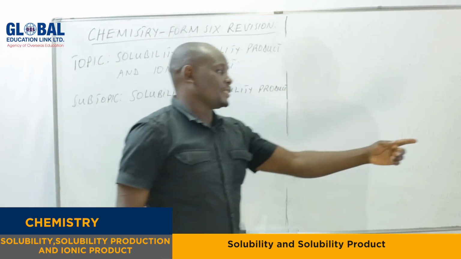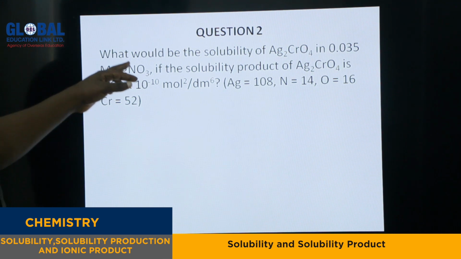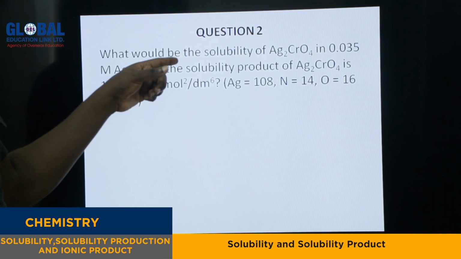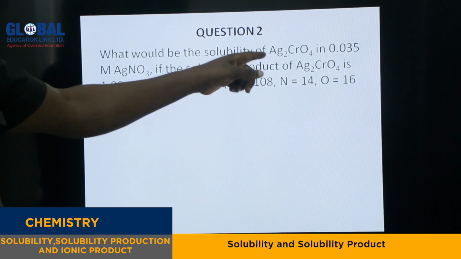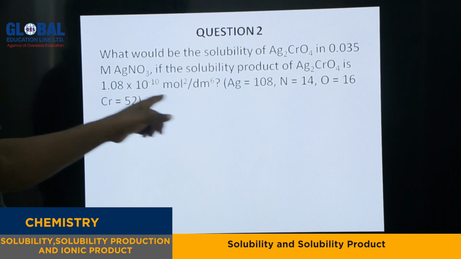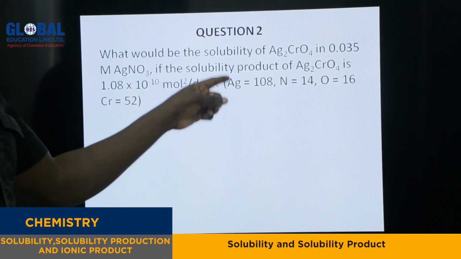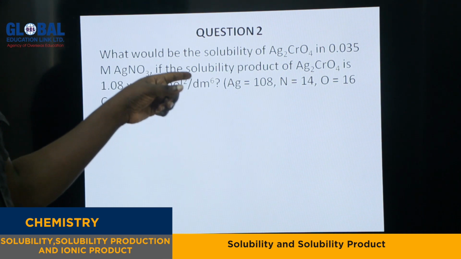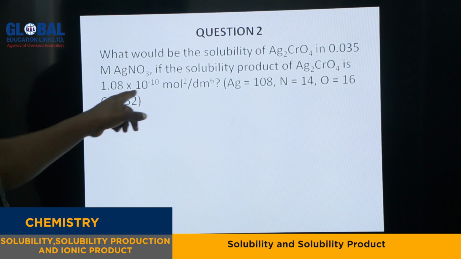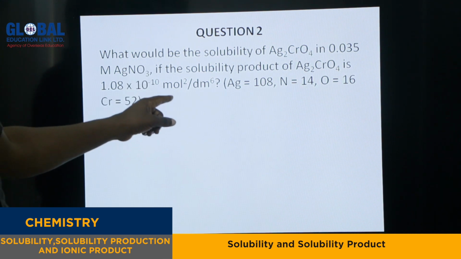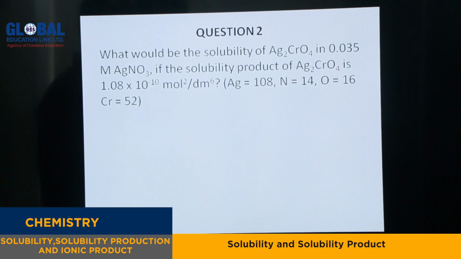Okay, now let us consider question number 2. Question number 2 is: what would be the solubility of silver chromate in 0.035 moles silver nitrate if the solubility product of silver chromate is 1.08 times 10 power negative 10 moles squared per decimeter cubed raised to power negative 6?